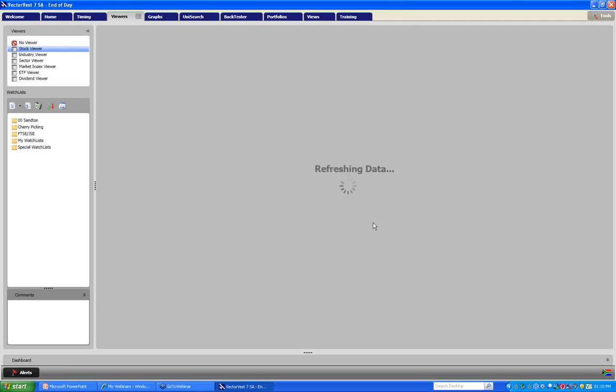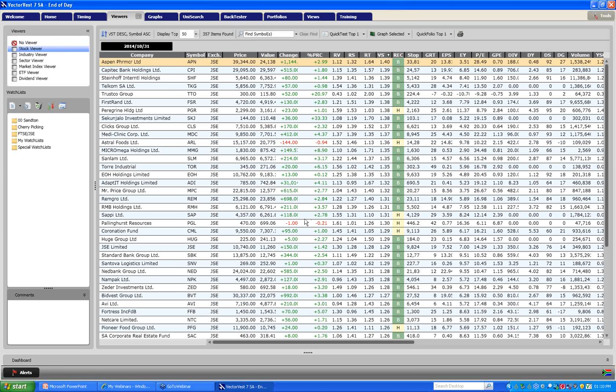It's pulling in the data for the stocks in the South African marketplace. Big sigh of relief. I'm looking at the top 50, folks, and the reason I'm looking at the top 50, not the whole market, is that I want to take the grunt off the internet. I find the trading relatively easy compared to making the internet work.